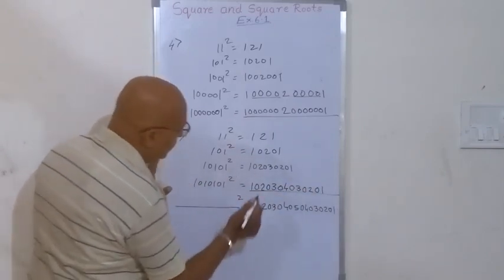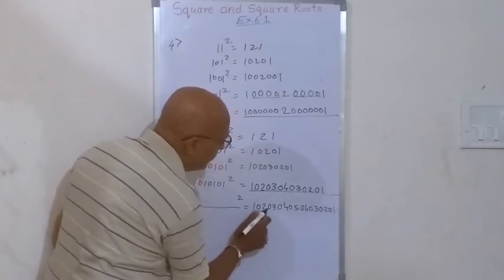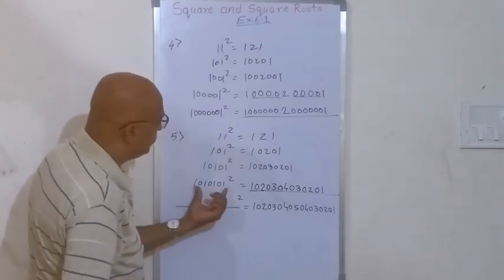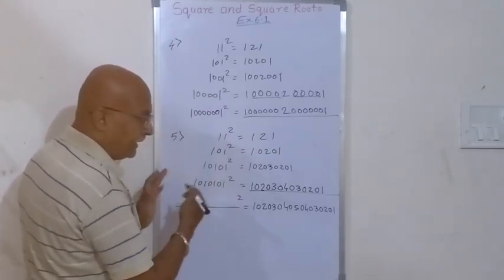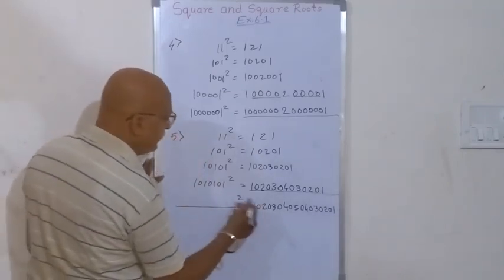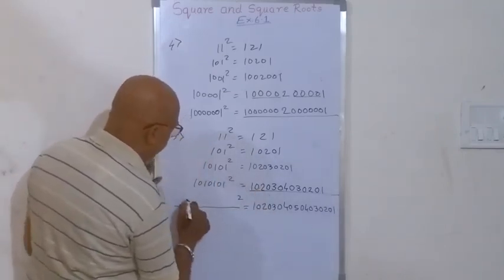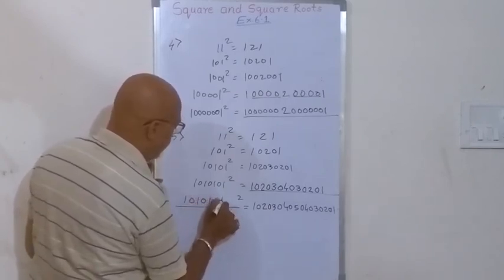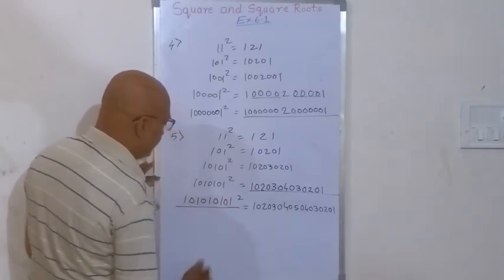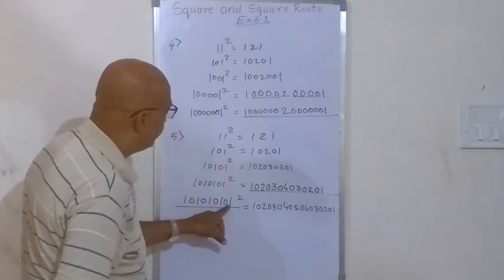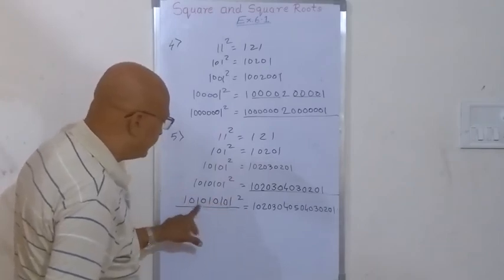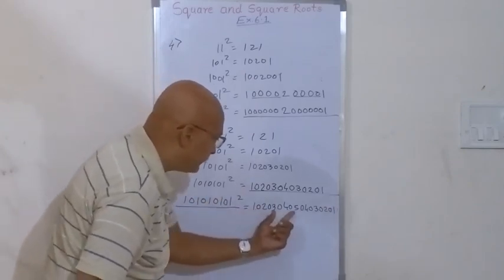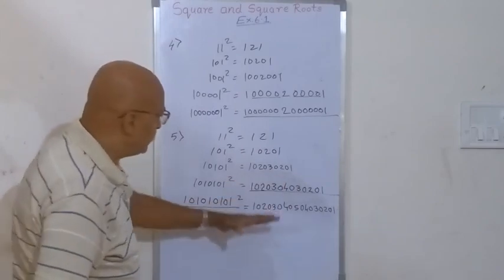Now here we have 5, that means 5 ones we need, and in between these 5 ones, ending and starting with 1, 4 zeros will be there. So what we'll do? 1 0 1 0 1 0 1 0 1. Now you can see here 5 ones are there, in between 4 zeros are there. The square of that has 5 ones. Got clear? So it is very easy.